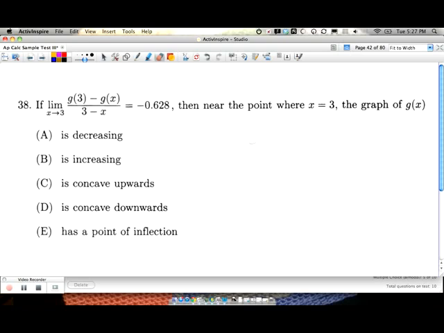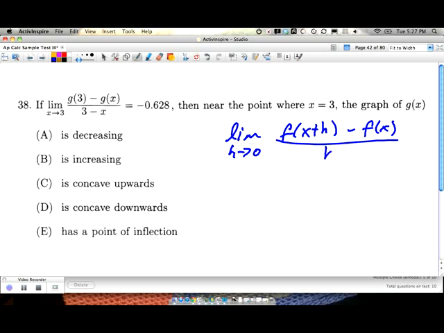We'll write in blue. The limit as h approaches 0 of f of x plus h minus f of x over h equals the derivative. This is the limit definition of derivative, but there's another version of it.